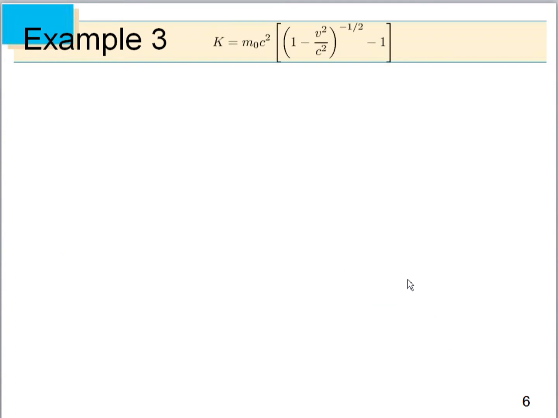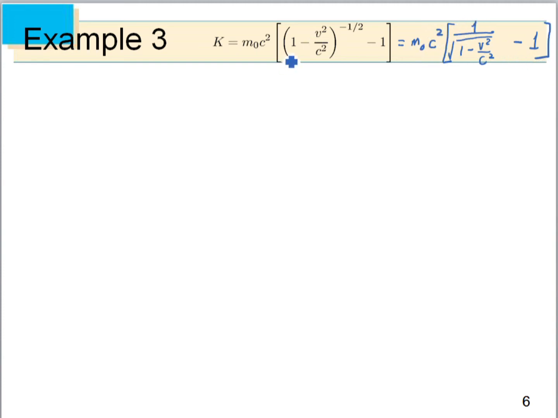So let's look at this expression. Let me just rearrange it so that it's clearer. We have in factor m0 times c squared, and then in the bracket, this is in fact 1 over square root of whatever is in the parentheses. So let me just write it out. In fact, 1 over the square root of 1 minus v squared over c squared, and then outside we have a minus 1. Close bracket.